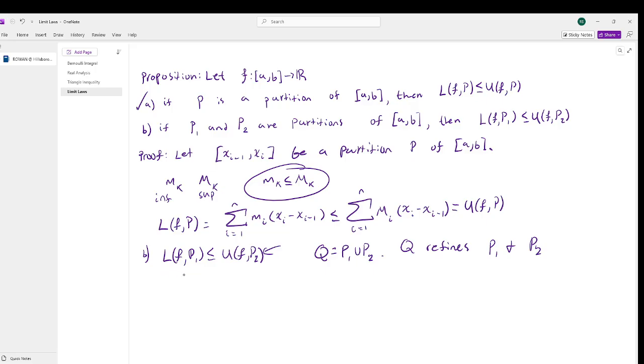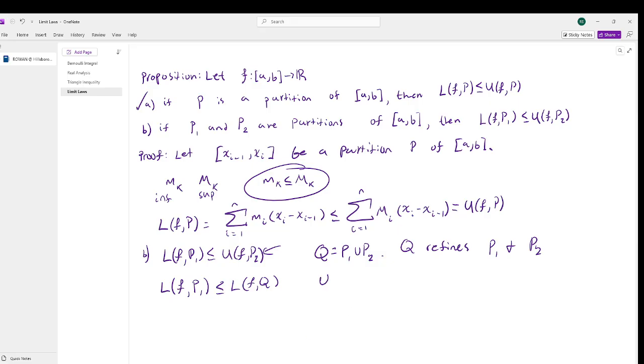With this fact about refinements, we know that for the lower sum, L(f, P1) is less than or equal to L(f, Q), because it's refining that area, adding more points.